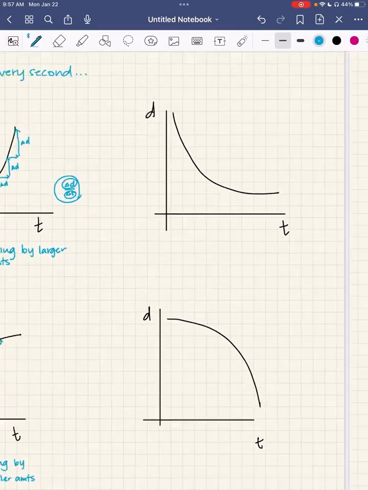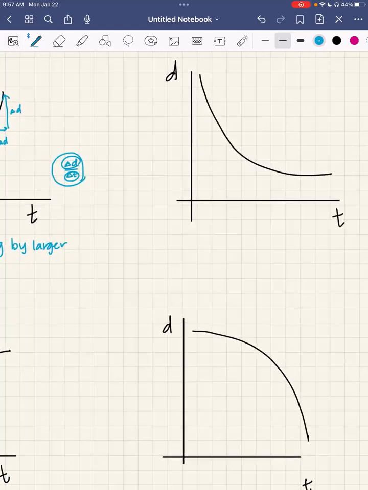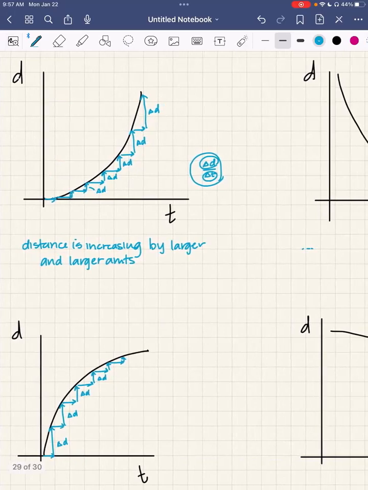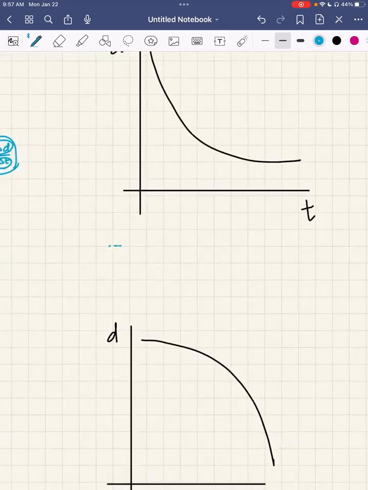All right, let's go over here. So still every second, right? Now in these two graphs, this is really a continuation. Sorry, I often put that to remind us that it picks up from every second. So in this one, we'd be saying every second, the distance is now decreasing.